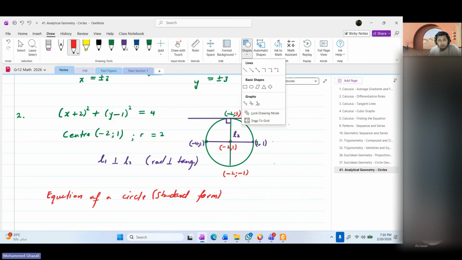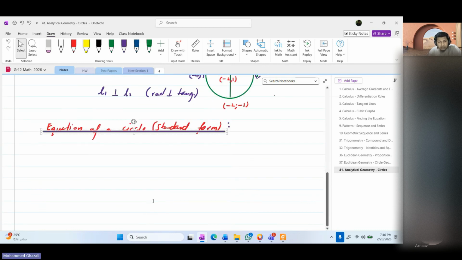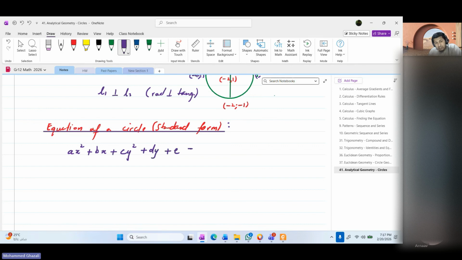So the standard form of the equation of the circle is ax squared plus bx plus cy squared plus dy plus e is equal to 0.